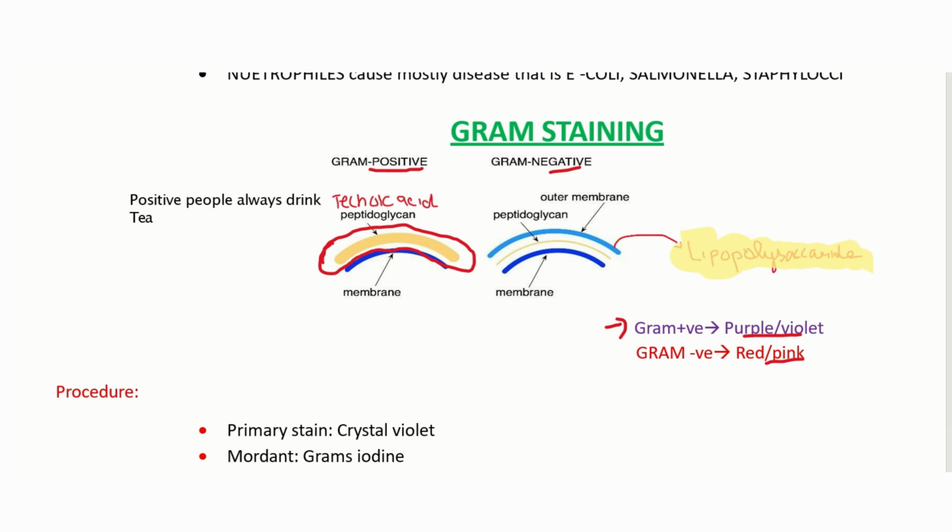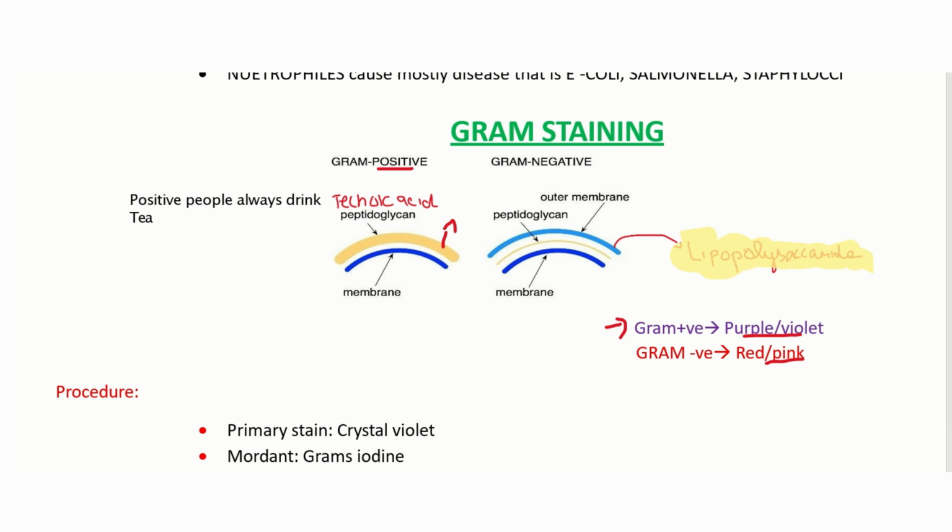So this is how we differentiate gram positive and gram negative. So always remember that in gram positive, the peptidoglycan layer is thick, but in gram negative, it is thin. So the questions may come this way: how can we identify the gram positive bacteria? And if there is peptidoglycan in the options, you have to click that option.